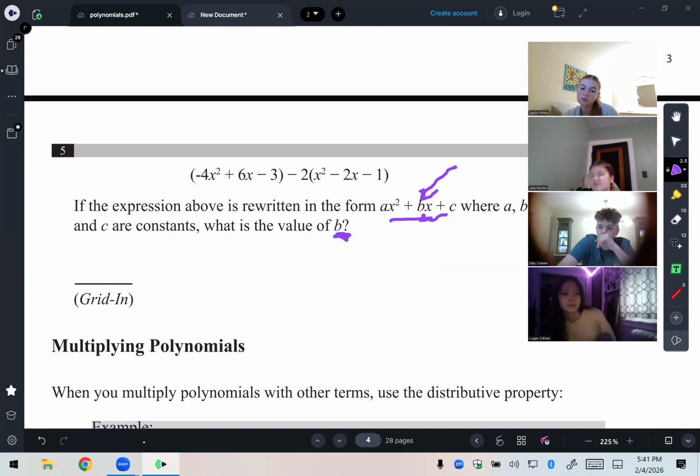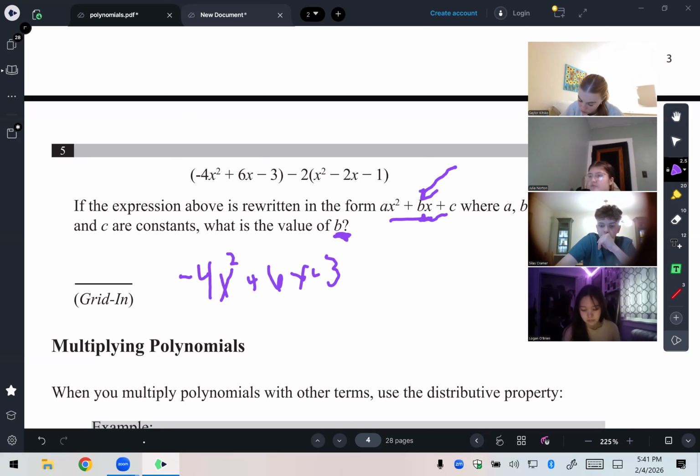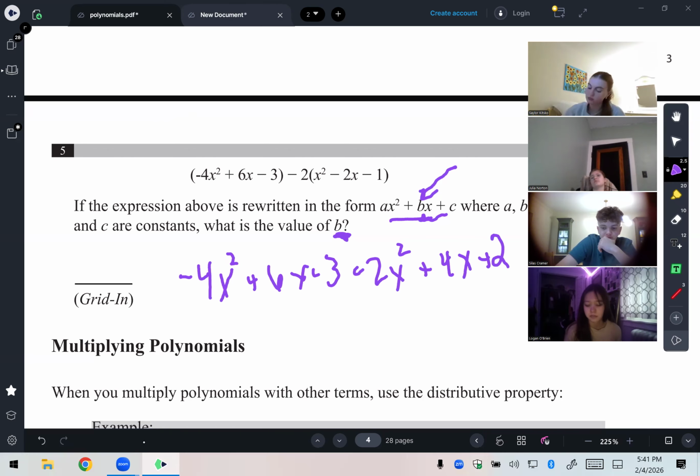It might not be x, it might be an x cubed. So anyway, we have minus 4x squared and then plus 6x minus 3 minus 2x squared plus 4x plus 2. We don't really need the x squareds.